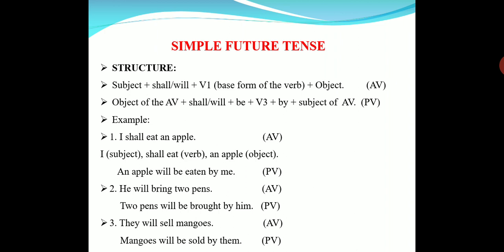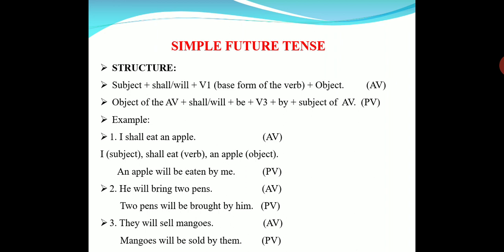Next, in passive voice, the object becomes subject, object of the active voice in the subject place, and shall or will. And the be form we use here in simple future is be. Be is the be form. Plus V3, V3 is common to all, by is common to all, and subject of active voice becomes object of passive voice. That is also common.